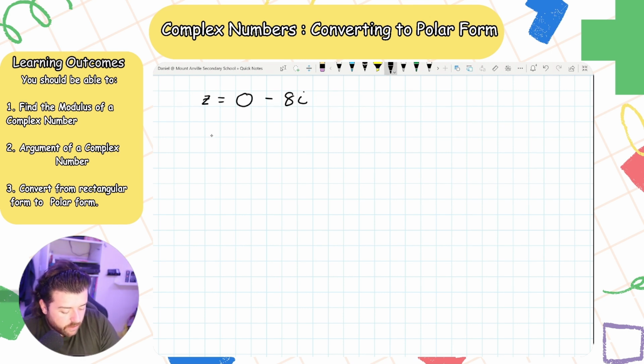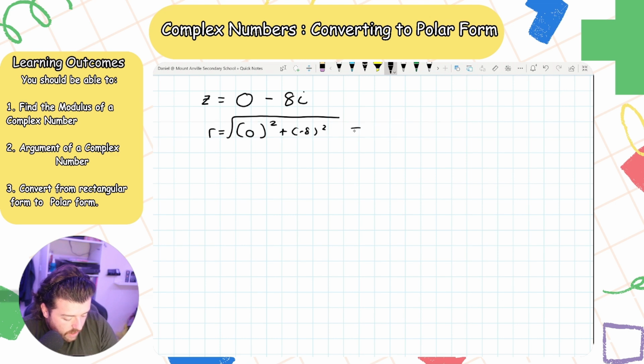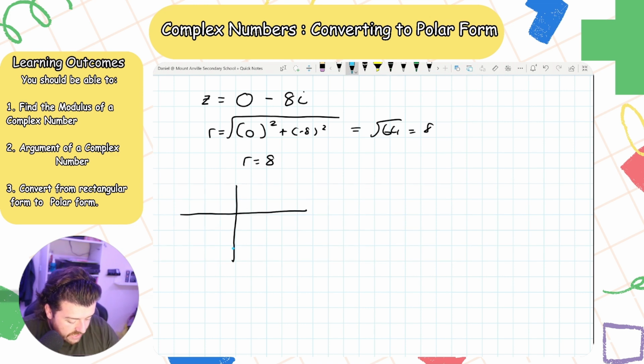Let's convert this to polar form. So I have the square root of 0 squared plus minus 8 squared, which is going to be equal to root 64, which is equal to 8. So my modulus is equal to 8. Let's plot this out. Bing, bing. So I'm 0 on the x-axis, but minus 8 on the y, so I'm down here.